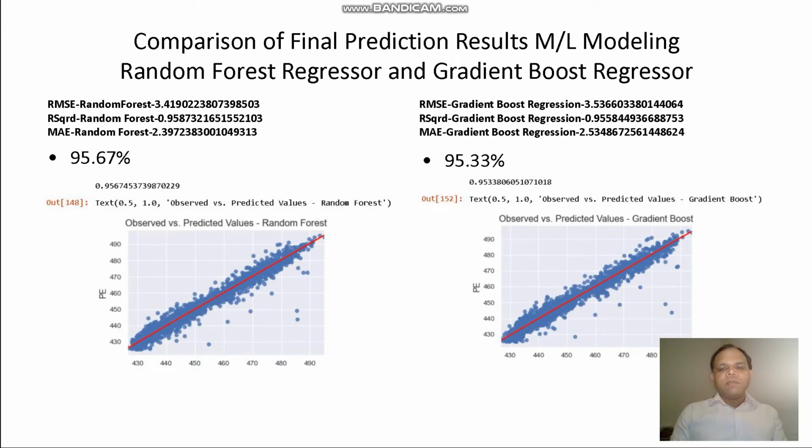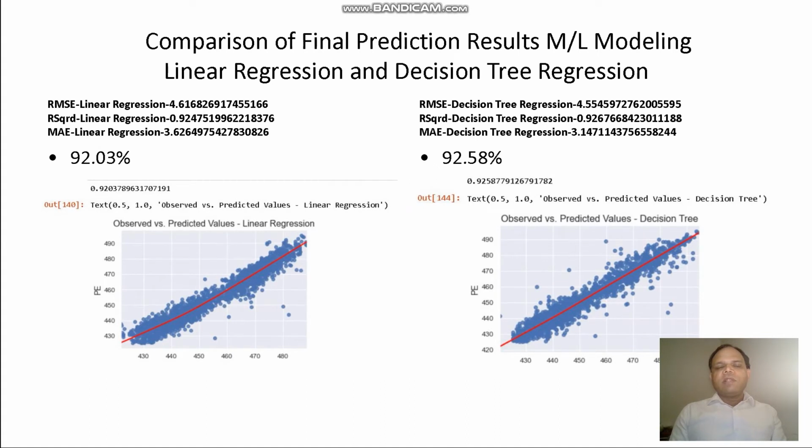We can see that the random forest regressor and gradient boost regressor have almost similar output, but the final prediction of random forest is slightly better than gradient boost regressor, which is 95.67% accuracy. Then we see linear regression and decision tree regression.